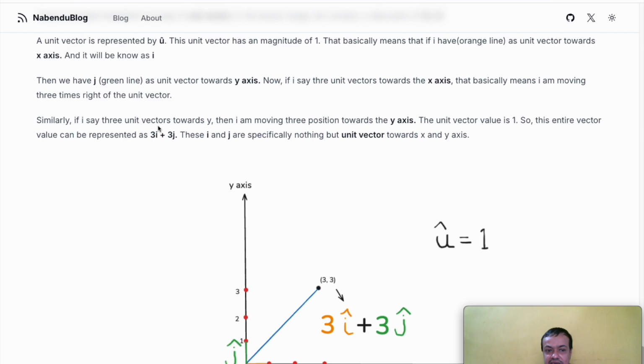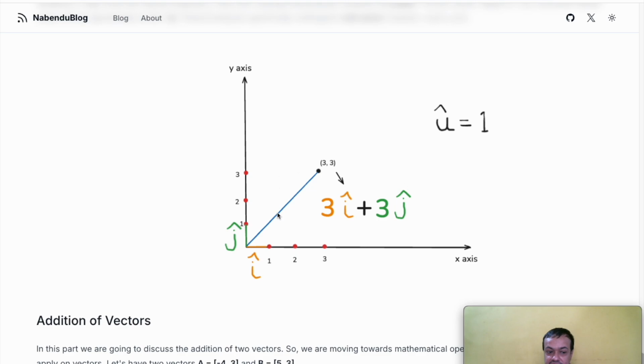Similarly, if I say 3 unit vectors towards x and 3 unit vectors towards y, then I am moving 3 points towards the x-axis and 3 points towards the y-axis. So it will be represented by 3i plus 3j. So this i and j are nothing but unit vectors towards the x and y axis. This is again a very important thing to know.